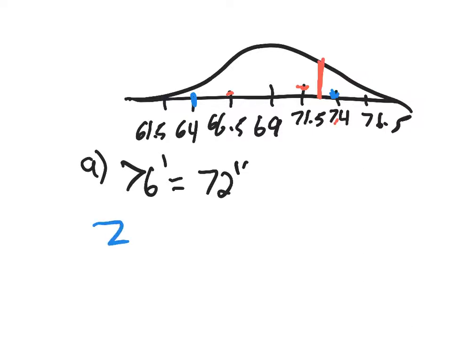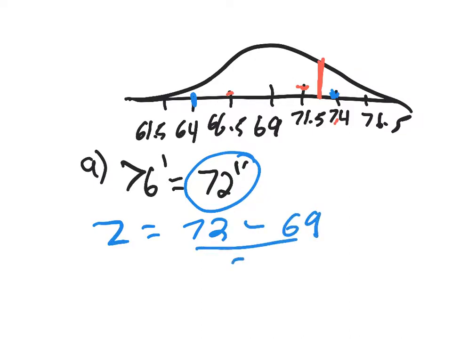So we know the formula. Z is the height that I'm looking at, 72, minus the mean, 69, divided by 2.5. If someone could finish calculating that. 1.2. Okay, 1.2. I'm going to put 1.20, and you'll see why in a second.